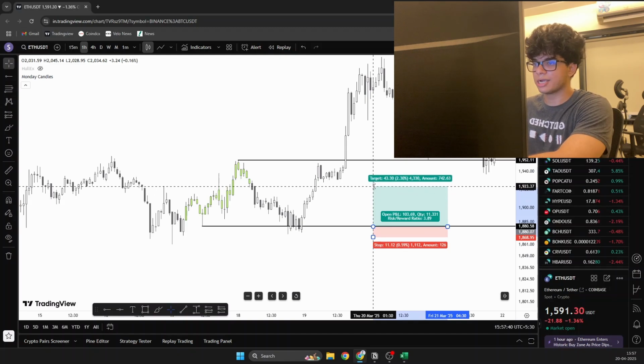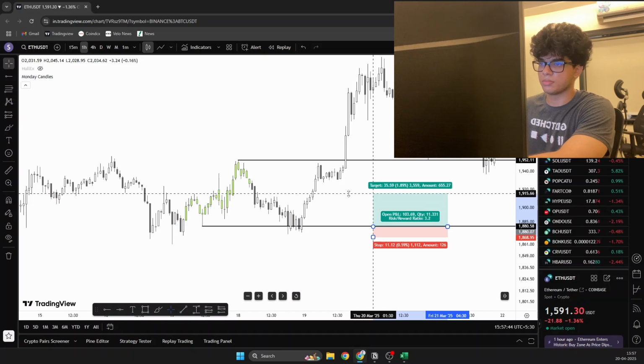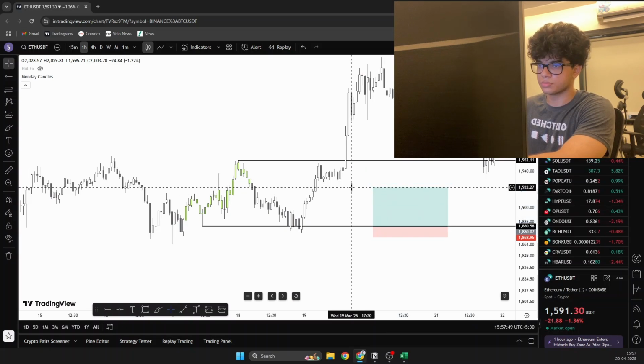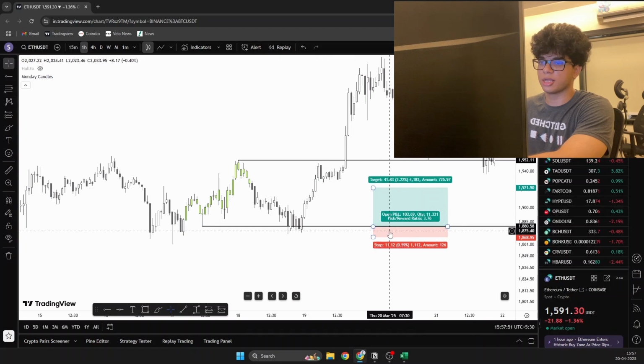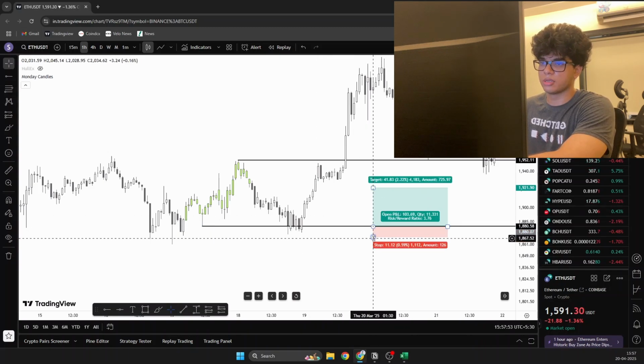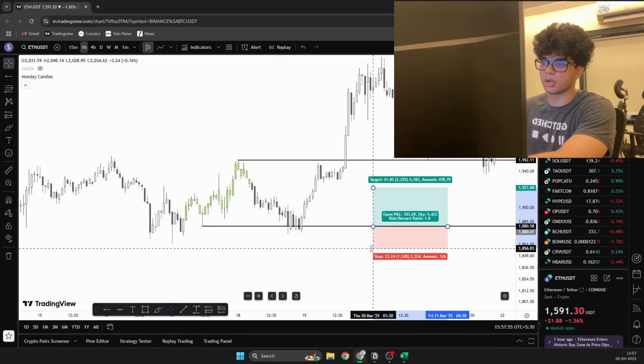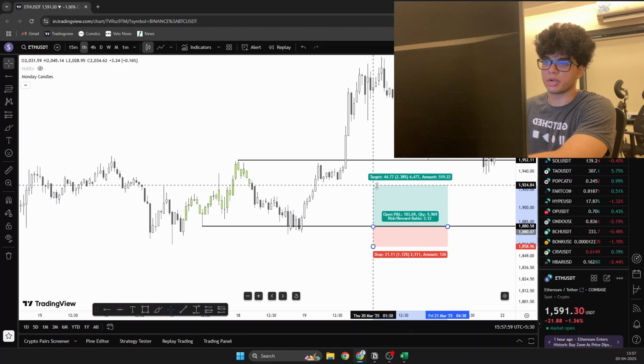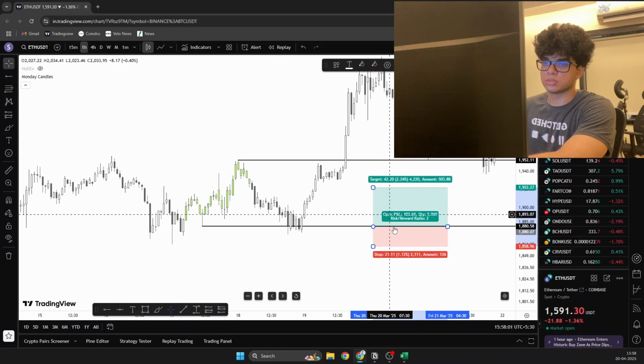Here you could have longed it till probably here maximum, but this is because the stop here was tighter, so that's why you're getting a better risk reward ratio. If I was to put a stop here, I would put it below this edge, like here. So now you find your 2 RR trade, which is here.